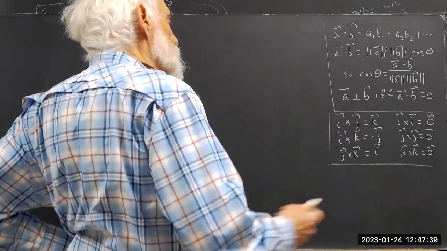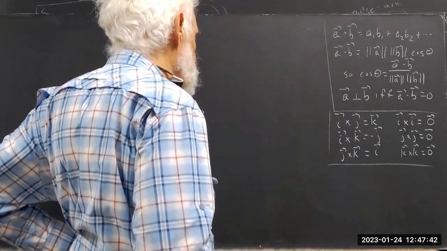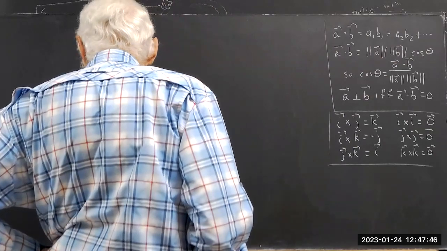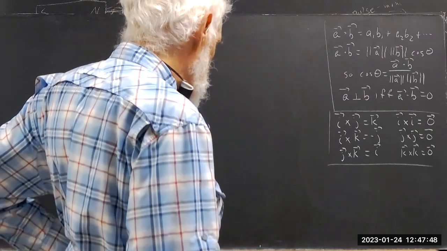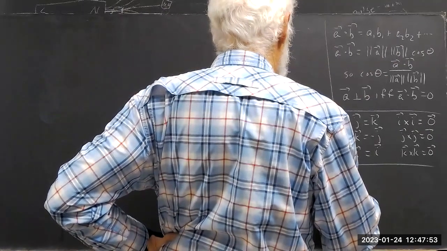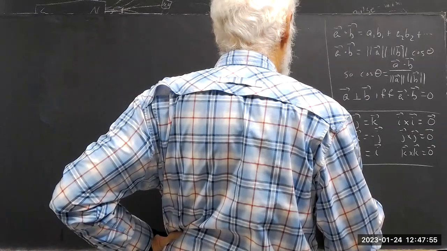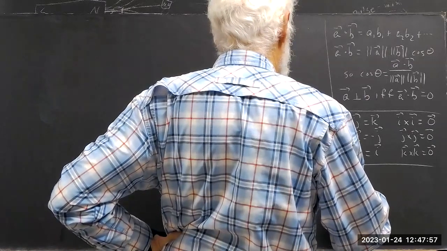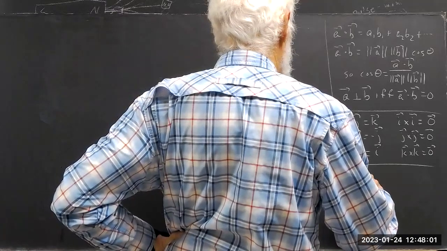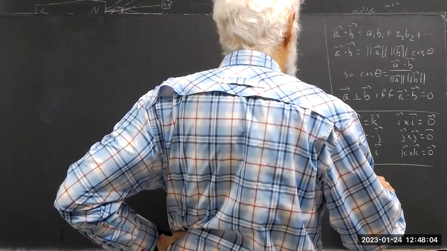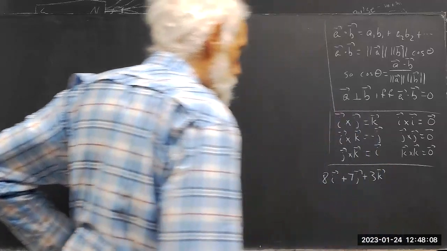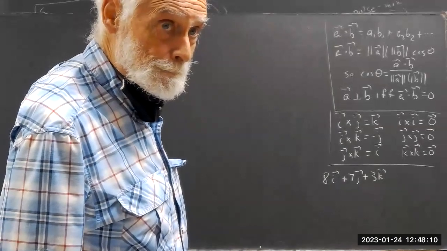Okay, so let's calculate that. Let's say that that vector is, we'll do it in meters, 8i plus 7j plus 3k.